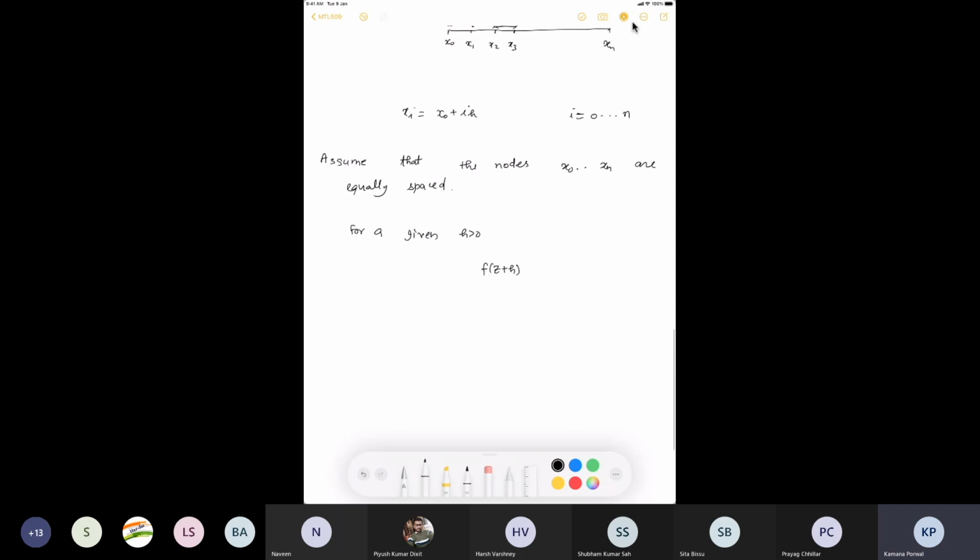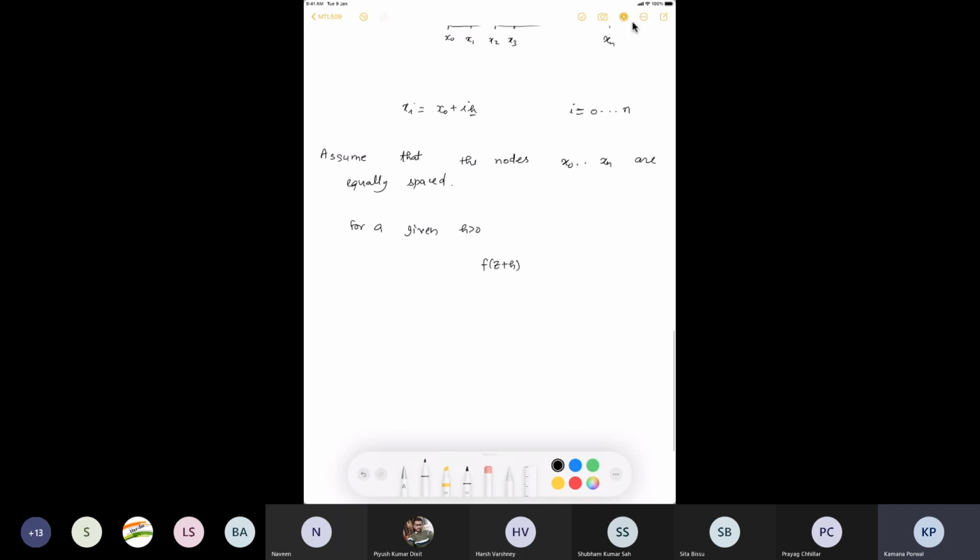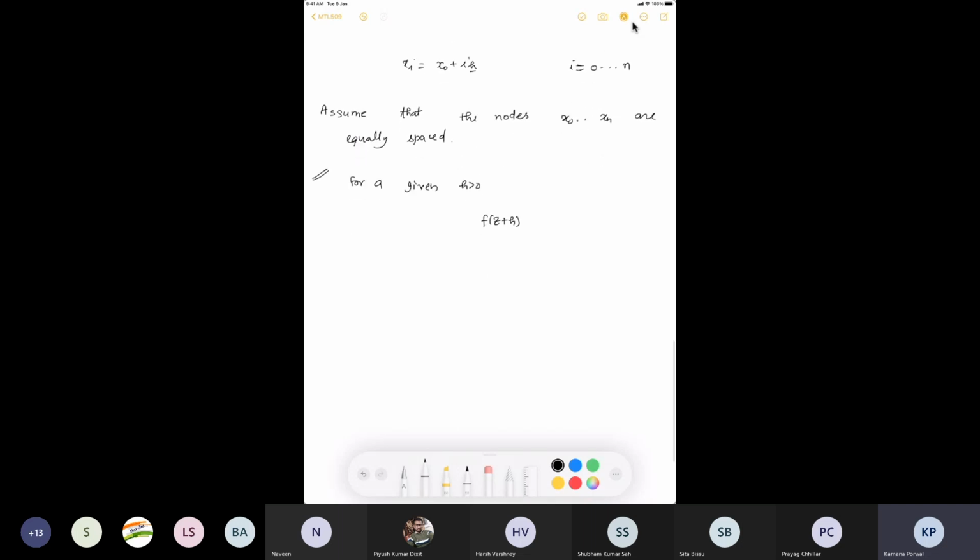Here, when we talk about equally spaced points, h is the distance between any two consecutive points, but I can define this for any positive h. Suppose you have the function value at z, and the function value at z plus h. I'm just taking the difference of the function value at z plus h with the function value at z, and I denote it by delta h of f(z).